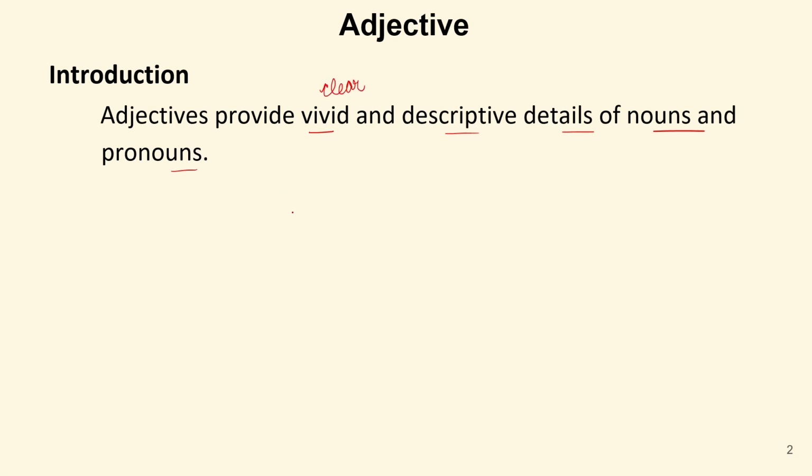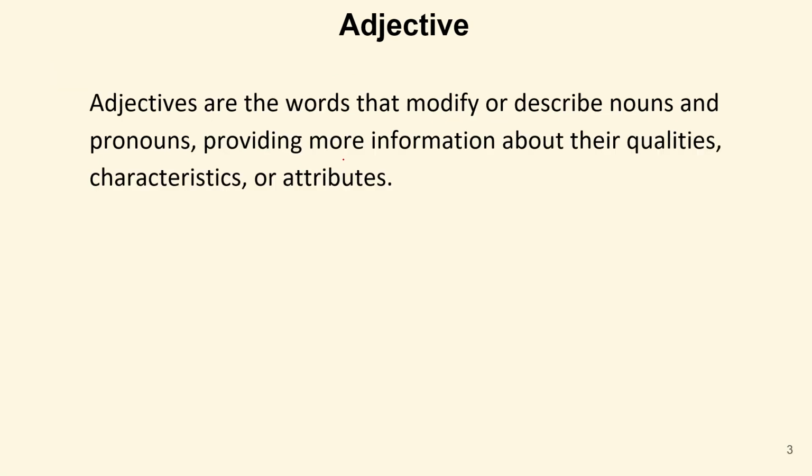So, they give clear description about noun and pronoun. Adjectives are the words that modify or describe nouns and pronouns, providing more information about their qualities, characteristics, or attributes. It adds something to a noun.